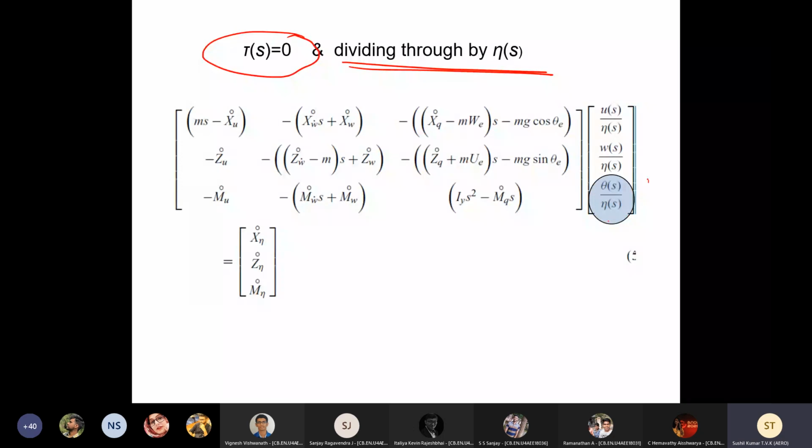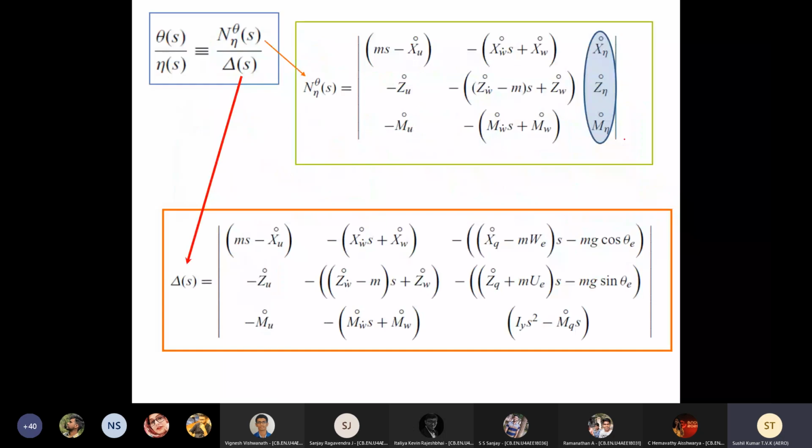This matrix is going to give you a transfer function. Now, how do I get the transfer function out of this? You have a set of simultaneous linear equations. How do you solve it? Use Cramer's rule. If you want the last one, substitute this column by the input side, and then you will get the particular transfer function.